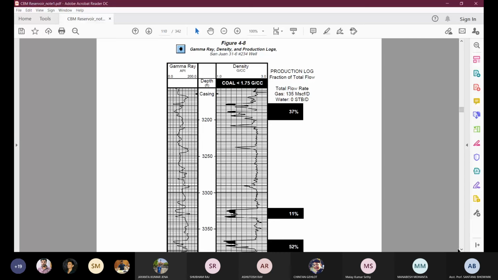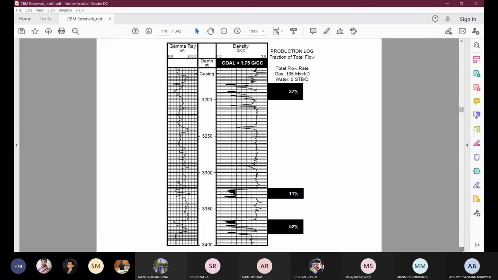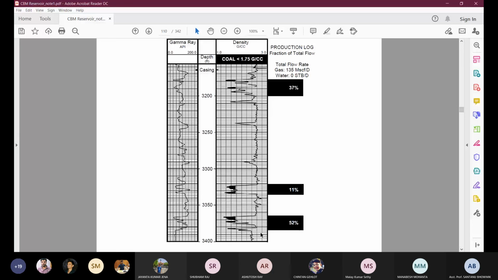In this total range of depth, they have considered only three zones. One is around 3150, one is around 3330, and the third one is around 3370.